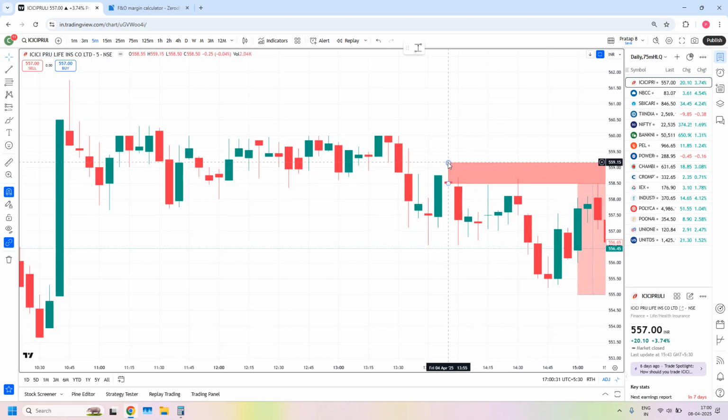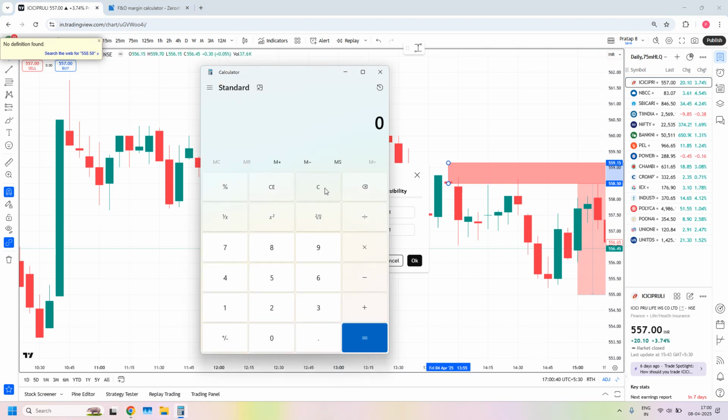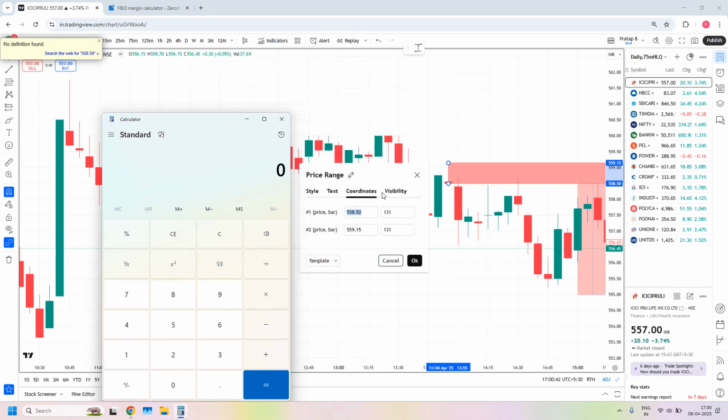So what would have been the loss we would have got? This is 550. In case anybody had taken a trade, how much loss would you have got?